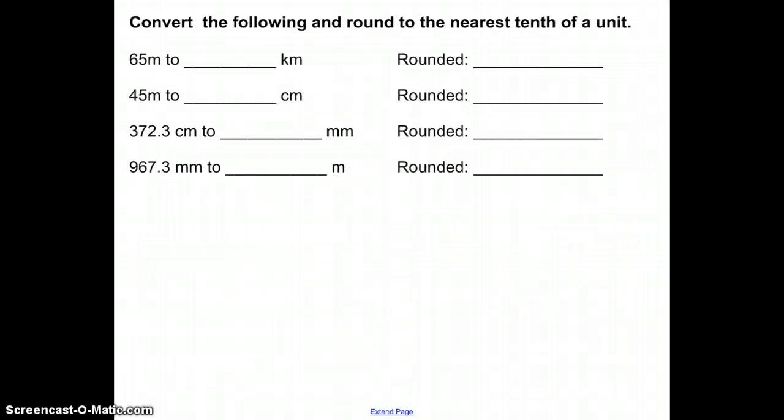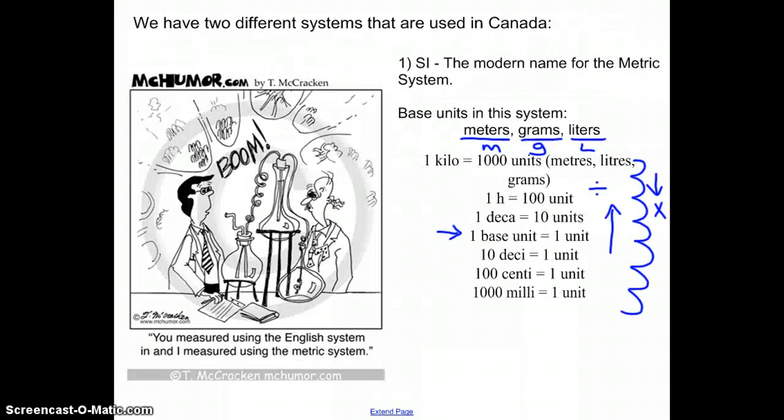Okay, so convert the following and round to the nearest tenth of a unit. So we're starting with meters and going to kilometers. If you look back to our little diagram here, we're starting at the base unit and going up to kilometers. So since we're going up, we need to divide.